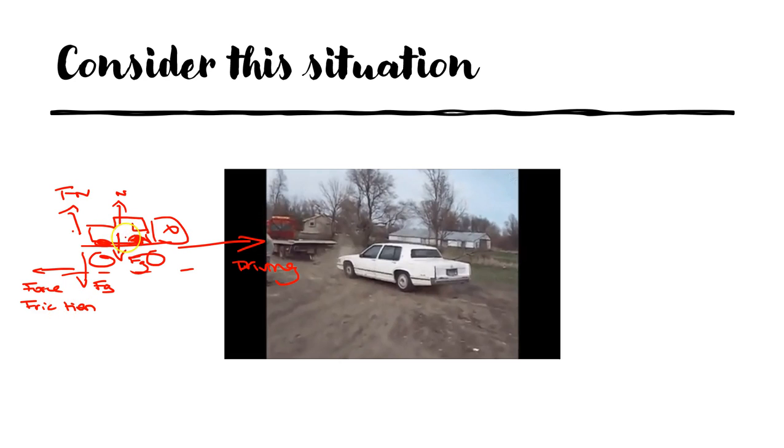However, the car that is sitting on the truck does not have a driving force being applied to it. So the truck now accelerates away from the car, but the car is not being moved. There's nothing changing its motion.